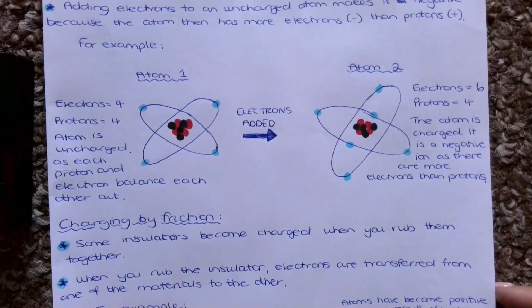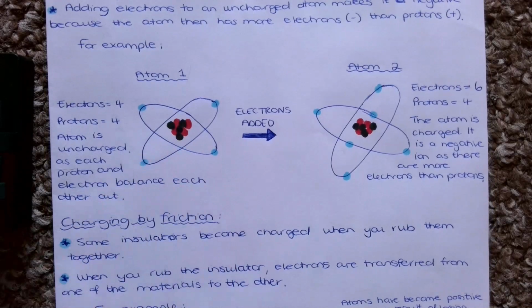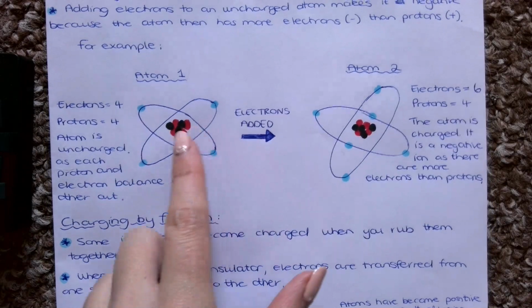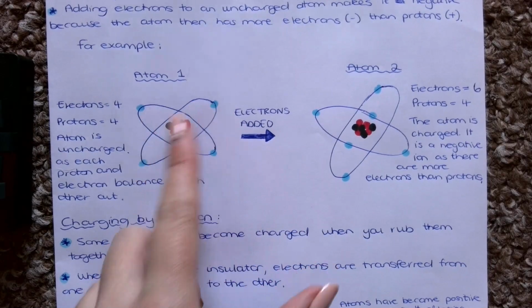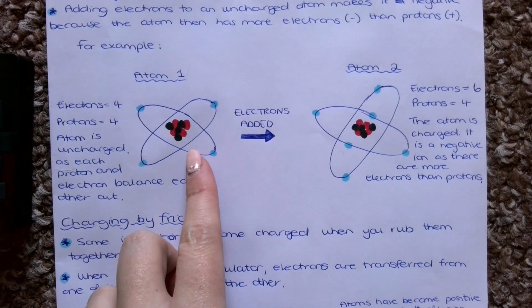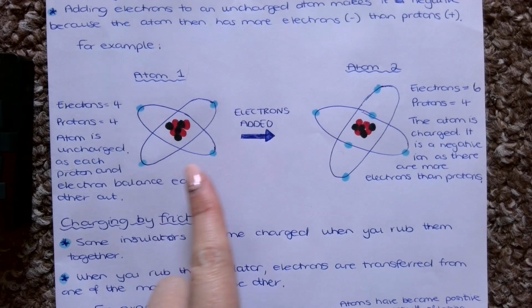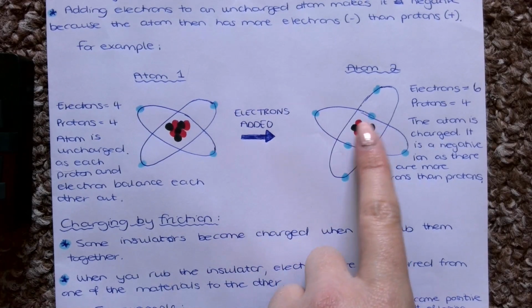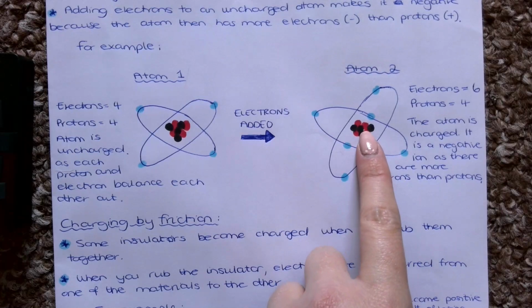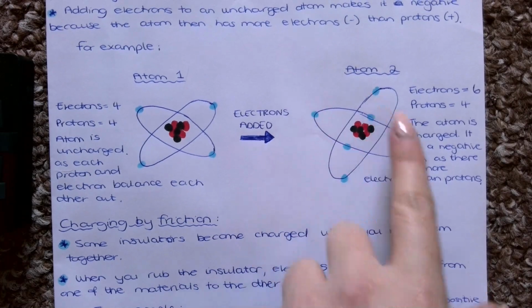So I've got two different atoms. This one is the same as we've got above, and it's got 4 protons in it, which are the red circles, and it's got 4 electrons. So the pluses and the minuses cancel each other out and they're balanced out. But if we add electrons to this same atom, we can see that we've still got 4 protons in the middle, so 4 positives in the middle, but we've actually now got 6 electrons.